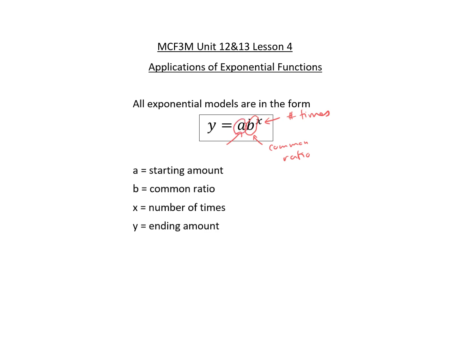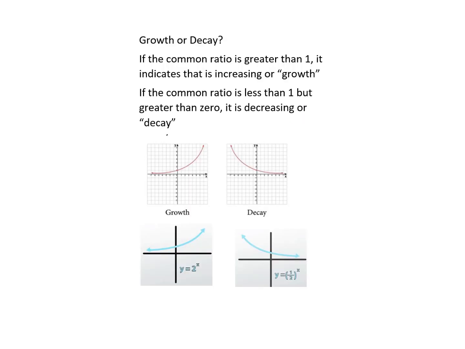So you take a starting amount, you multiply it by a common ratio, and then you do that a certain number of times. If the common ratio, which we talked about earlier when we were graphing, is greater than 1, we know that it's going to be increasing, and we often refer to that as growth because it's getting bigger.